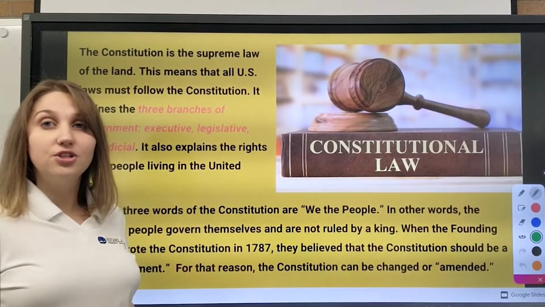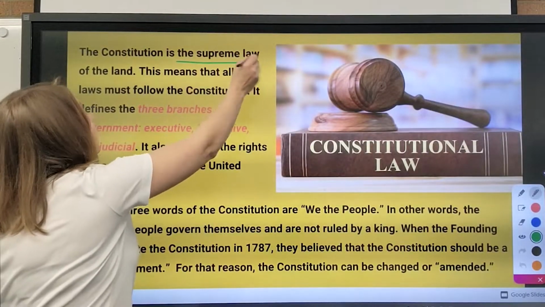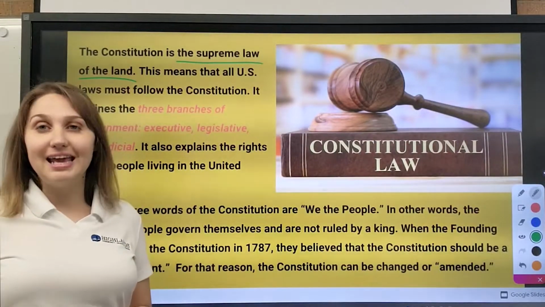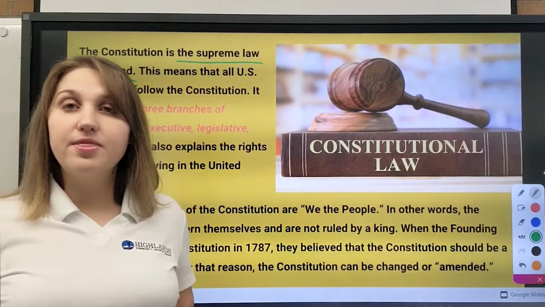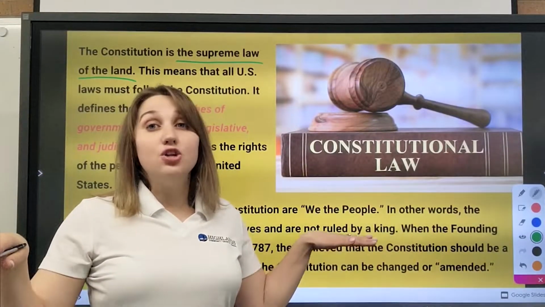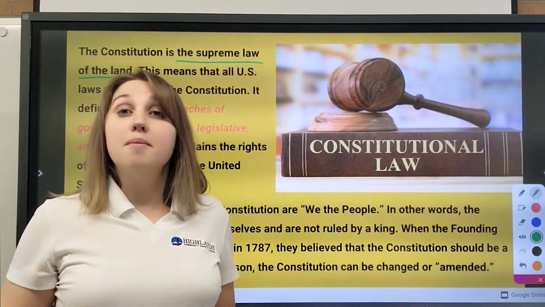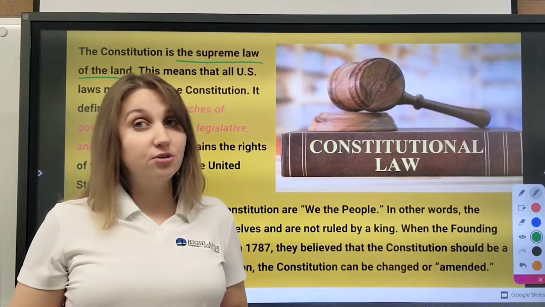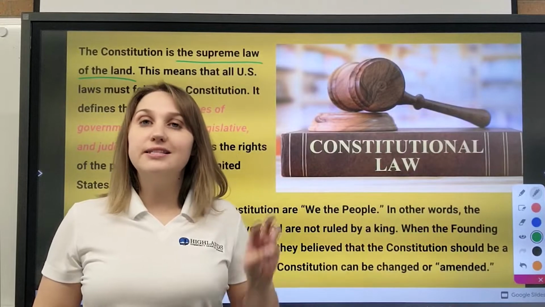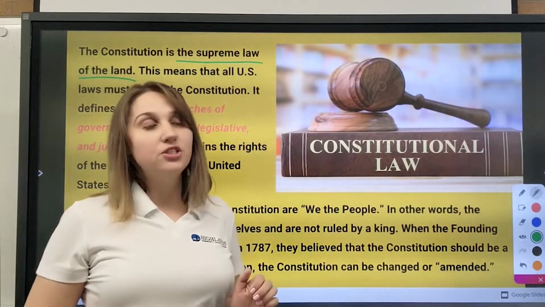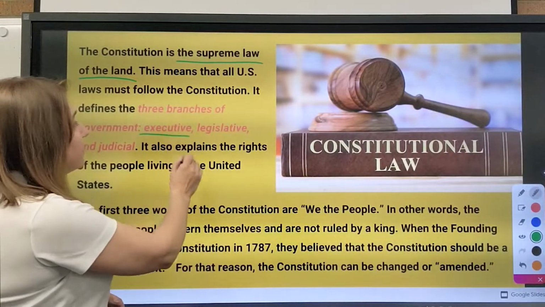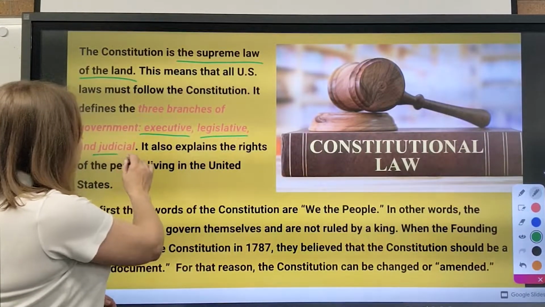The Constitution is the supreme law of the land. This means that all the laws that are created in the United States of America must follow the Constitution. It also defines the three branches of the government: the executive, legislative, and judicial.